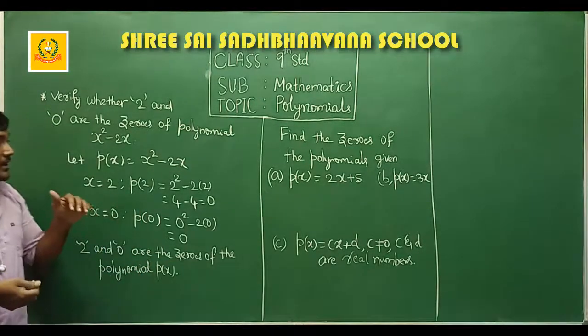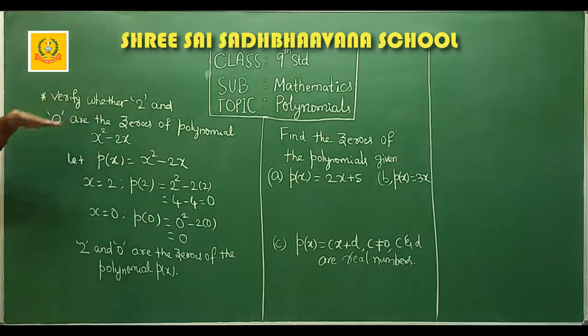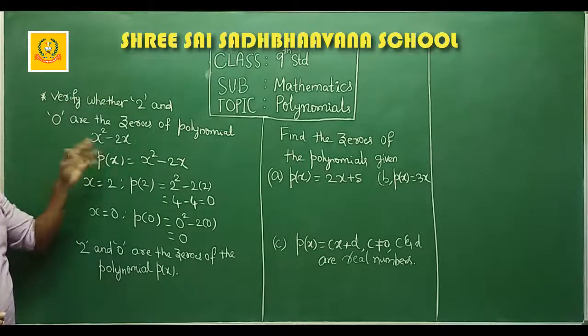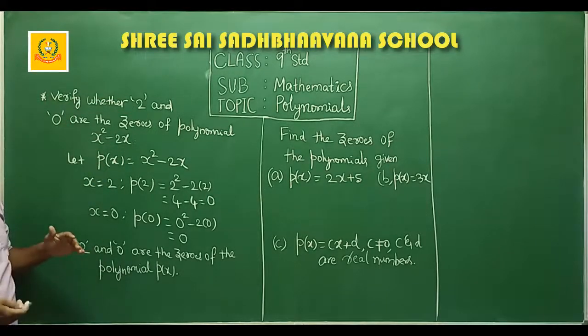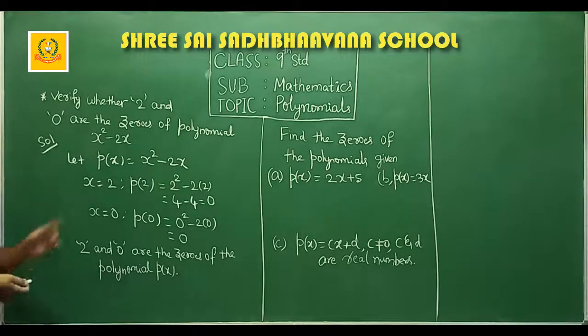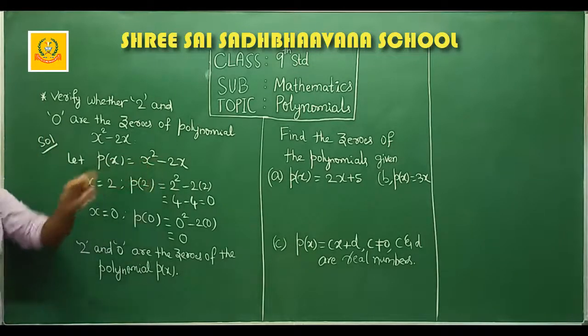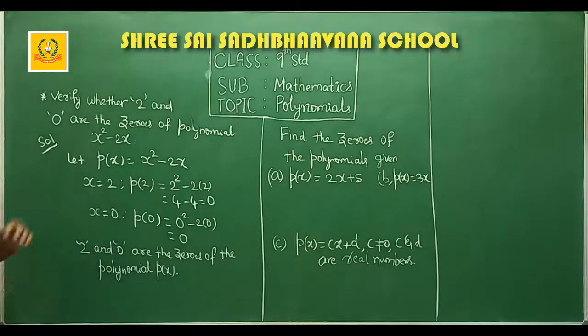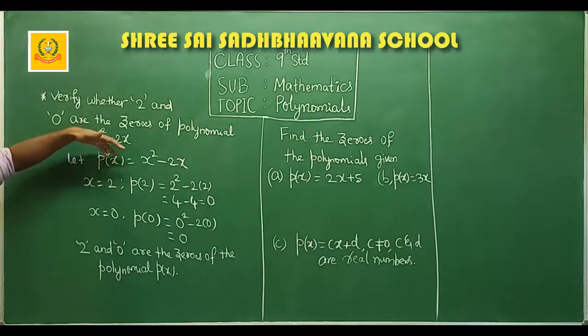I'll repeat once again. What we have to do is verify whether 2 and 0 are the zeros of the polynomial x square minus 2x. So I just assumed that p of x is x square minus 2x. What do you mean by p of x? As I said, p of x is nothing but a polynomial in terms of x.